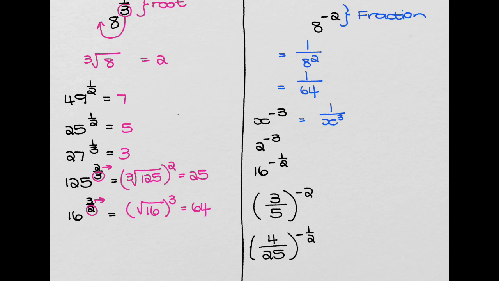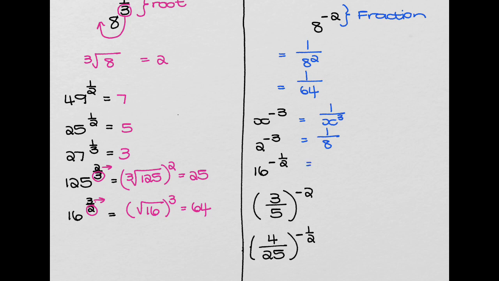So that power, which is negative, means that it goes under the line, and then x cubed is just x cubed. For the next one, it would be 1 over 8, because that power of negative 3 becomes 1 over, and 2 cubed is 8.